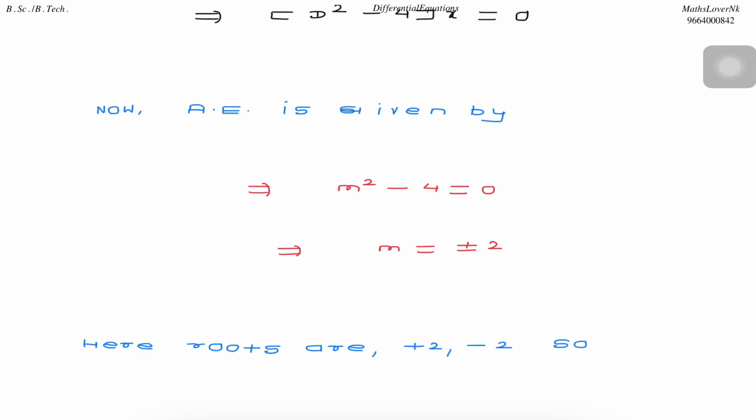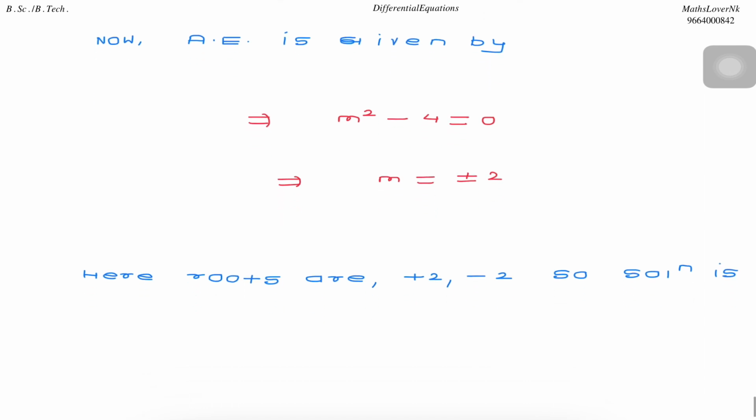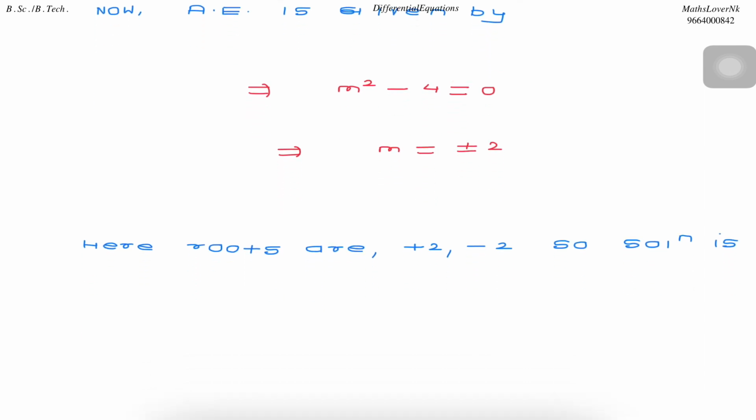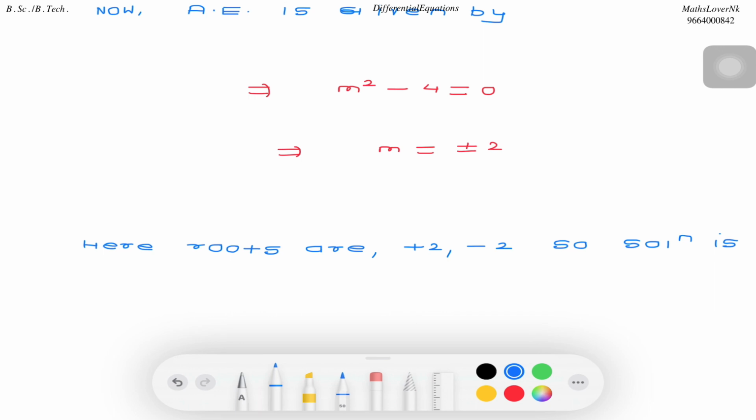So the solution is: we know that when the roots are a and b, then the solution of the differential equation is given by y is equal to c1 e to the power ax plus c2 e to the power bx. Here the roots are plus 2 and minus 2.